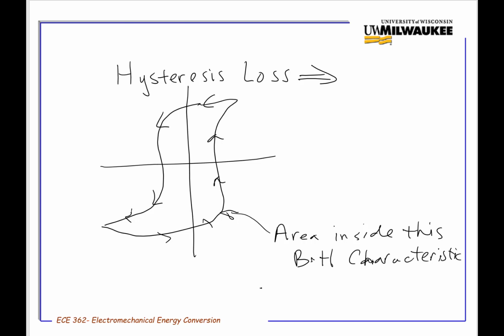So essentially, I like to think of it as number one, more travel distance. If you didn't have hysteresis, and you're trying to get to this point and this point, you would just travel between them, right?